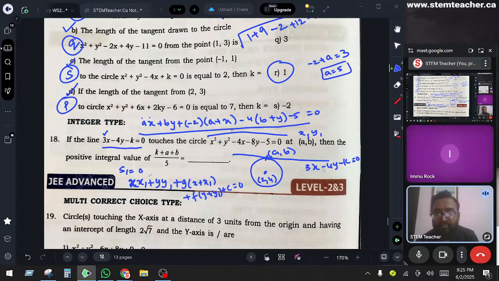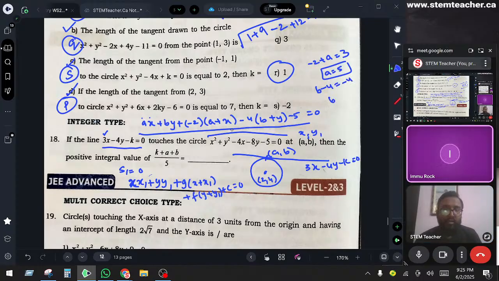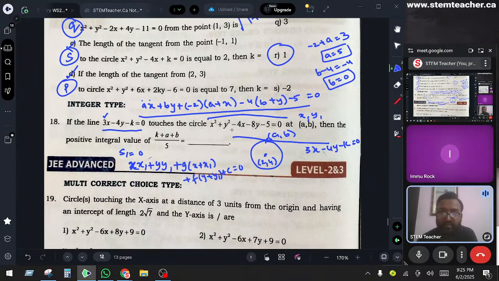b की कोफिशिएंट क्या है आप बताओ? y की कोफिशिएंट b - 4. b - 4 is equals to -4, b equals to 0. अब बचा k. अब k के लिए सारे कांस्टेंट्स आएँगे. -2a - 4b - 5 is equals to -k. b 0, a 5.